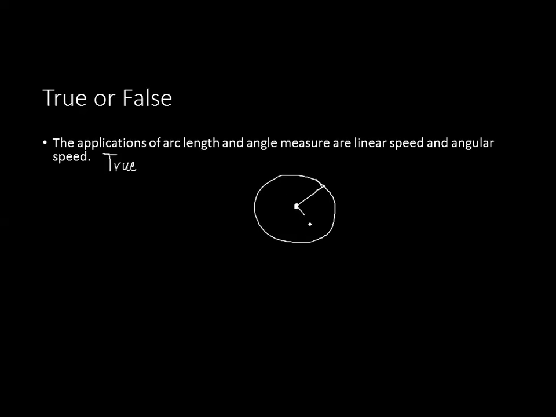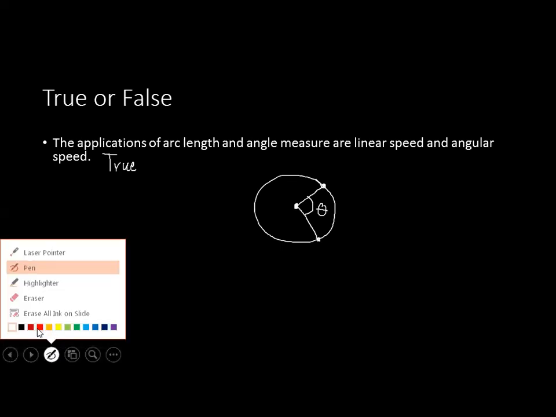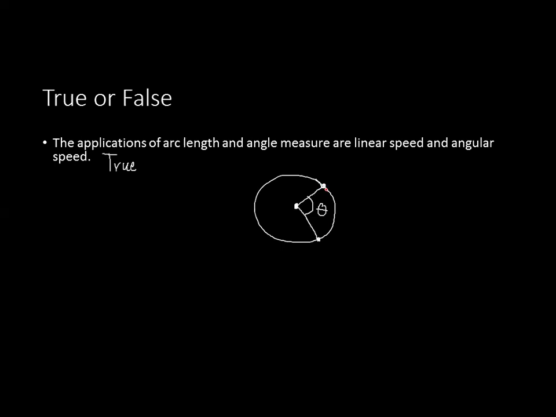Then we have two radii, and between the radii, we have an angle here. We know before that we can get the arc length, which is this one, that is intercepted by the central angle by using this formula, right? S is equal to r times theta.